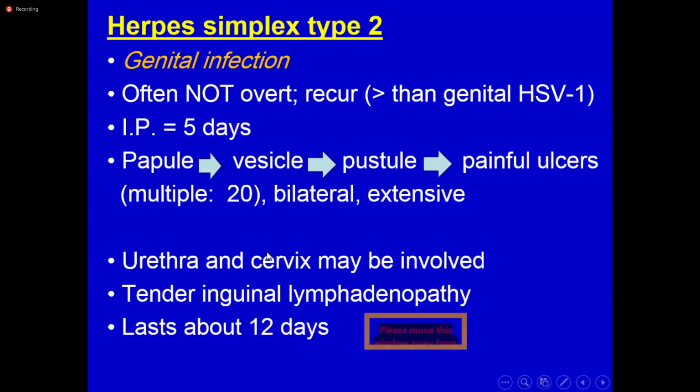Urethra and cervix may be infected and may be associated with tender inguinal lymphadenopathy. Tender means painful. Lymph nodes will be increased in size and painful. This type of infection may last for about 12 days and then disappear for a while and then reoccur again.